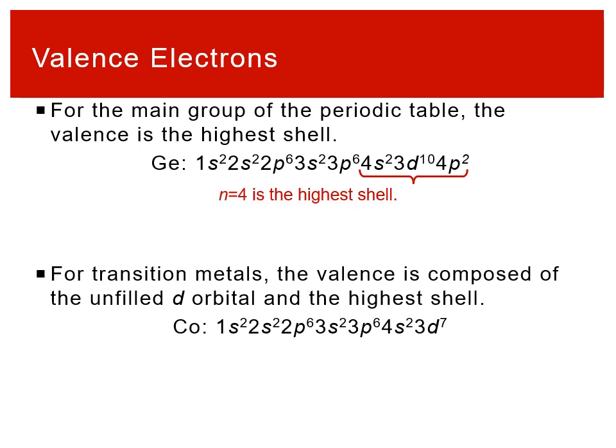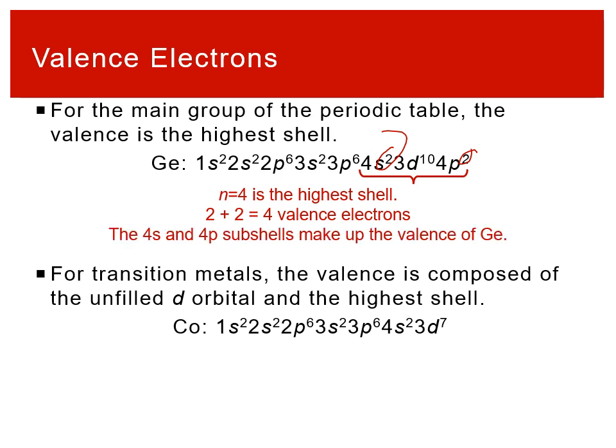In this case, n equals 4 is the highest shell. There are 2 in the 4s and 2 in the 4p, so that gives me a total of 4 valence electrons.